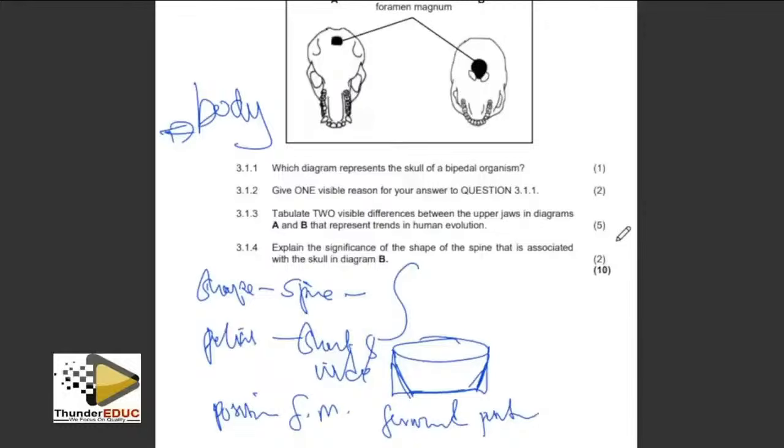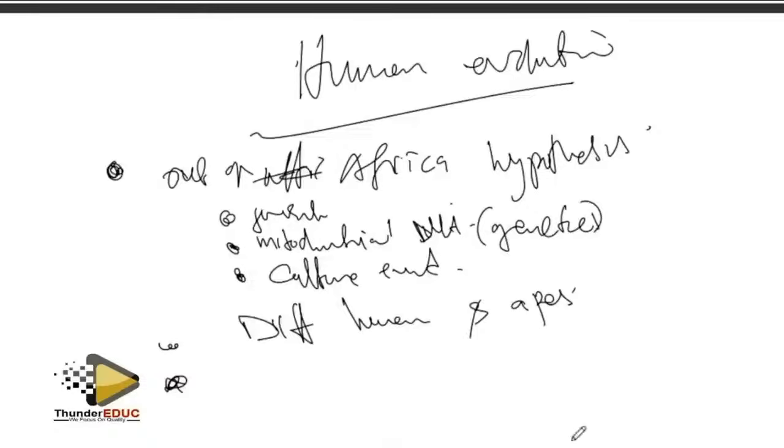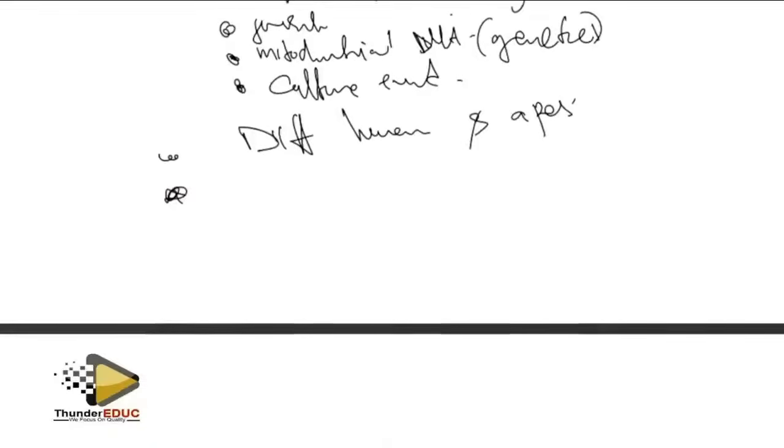Now, who discovered humans? It is Tim White, who also discovered Homo sapiens. No, he discovered the oldest skull of Homo sapiens. Is it clear? Yes.